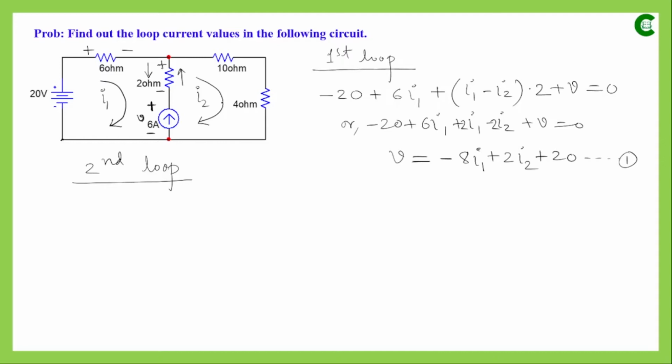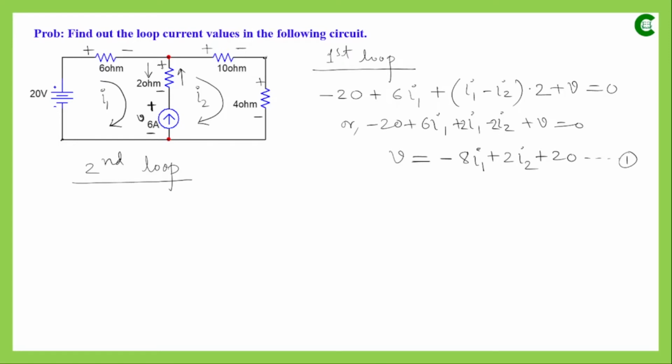Now if we apply KVL in this loop, starting our journey from this point and following the direction of the current, this will be at high potential and this at lower potential. Then I2 flows through this 10 ohm resistor from left to right, so it will be at higher potential and this at lower potential.